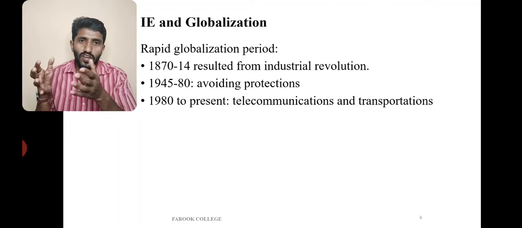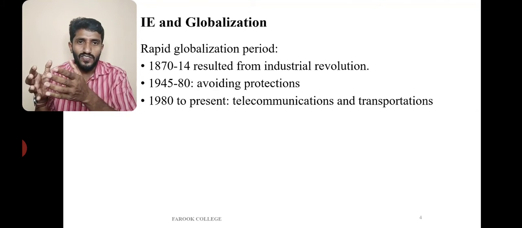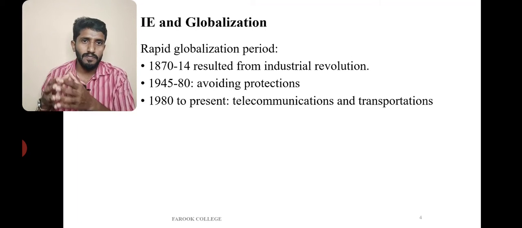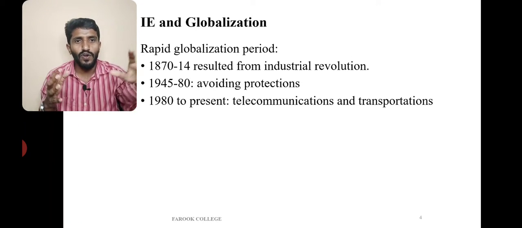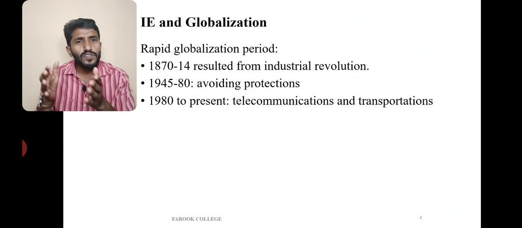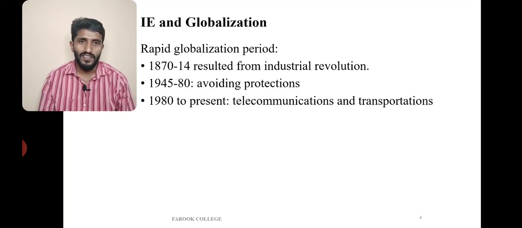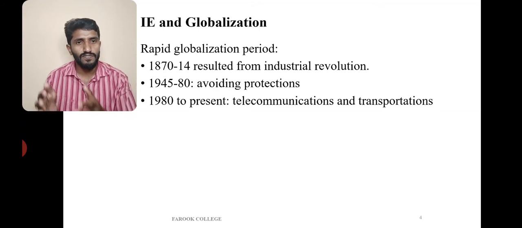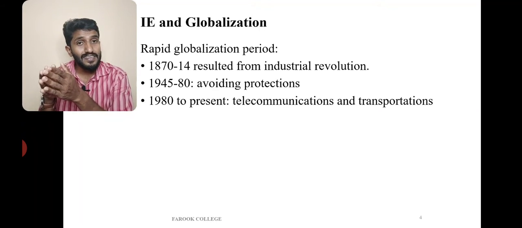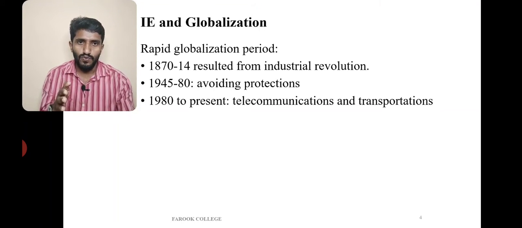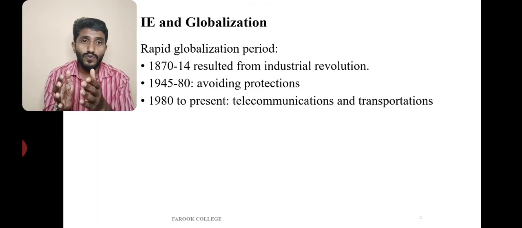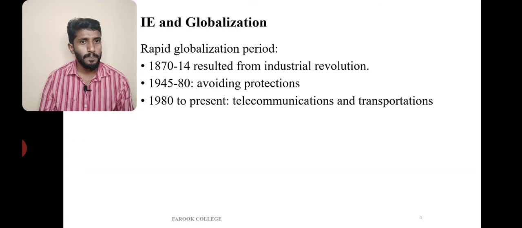But when we started industrialization, especially based on Britain and so many colonies, it was a period of rapid globalization. So there are three periods of rapid globalization, from the 1870s up to now. The first period was 1870 to 1914.